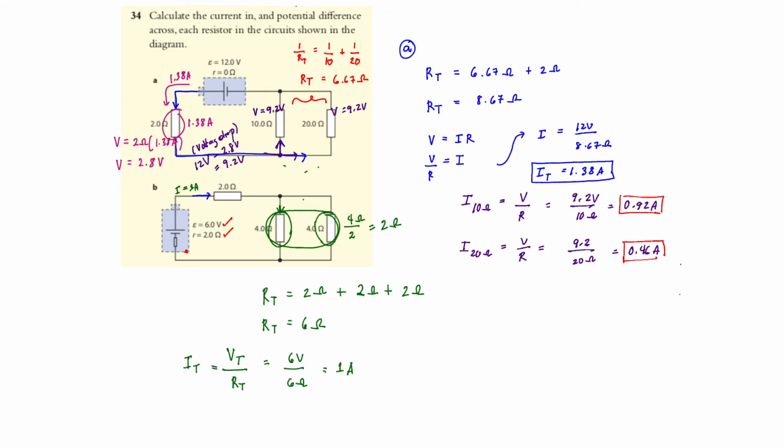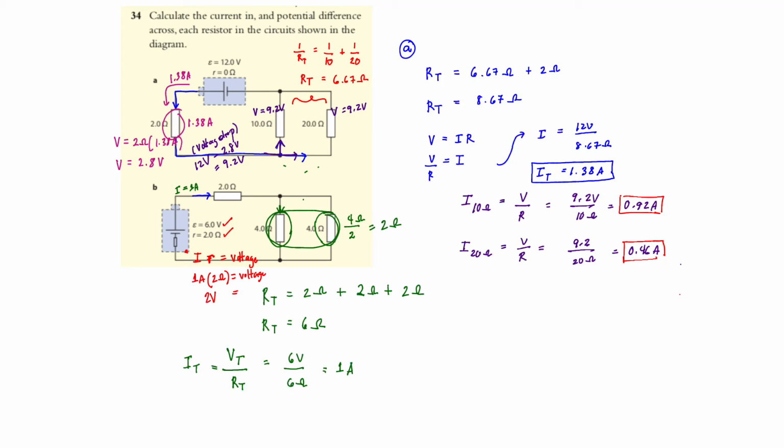So that is current multiplied by the resistance, and that will give us the voltage: 1 ampere times 2 ohms, so the potential difference now would be 2 volts.